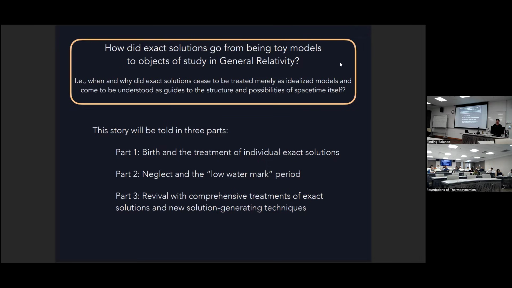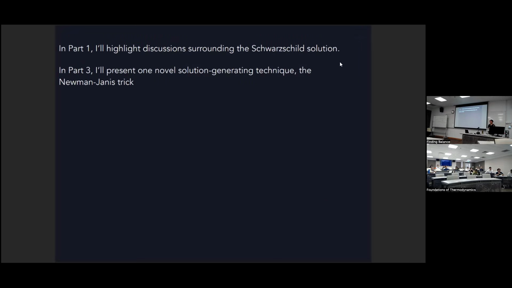And then part 3, revival, with a comprehensive treatment of exact solutions emerging in the literature and discussion of new solution generating techniques that would have looked pretty wild to the people in part 1 of the story.